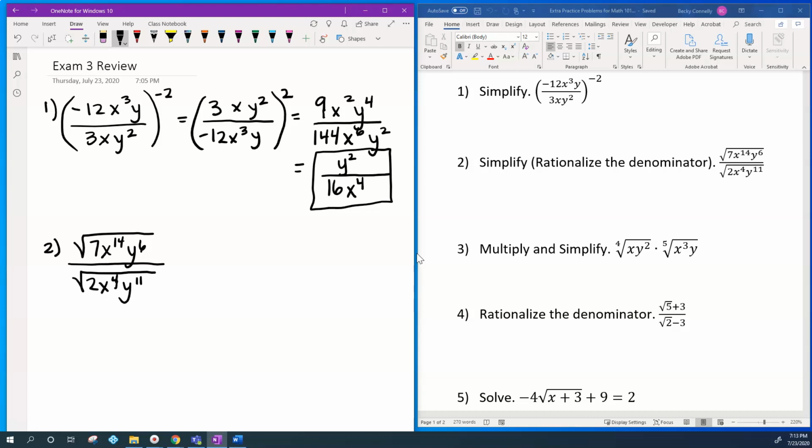All right, so what we're really looking for is what we need to multiply. Maybe I'll do this in a different color so it's really clear. What do we need to multiply this by so that everything comes out as a whole number? Since it's a square root, our number needs to be a perfect square.